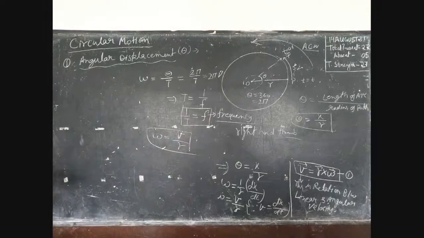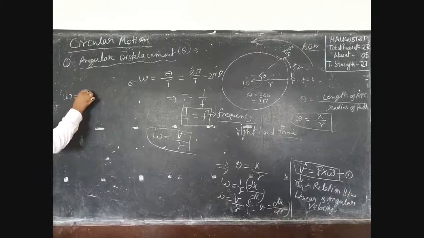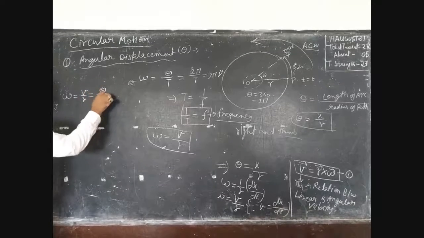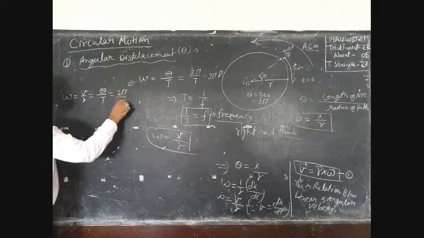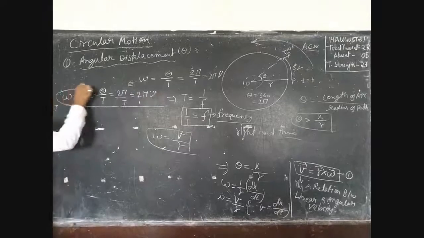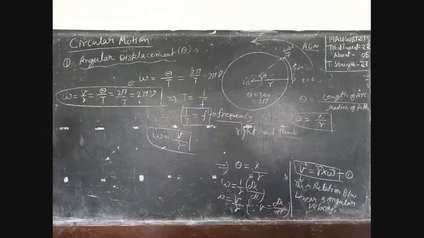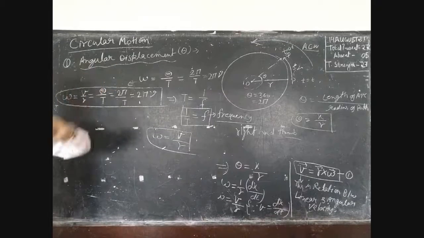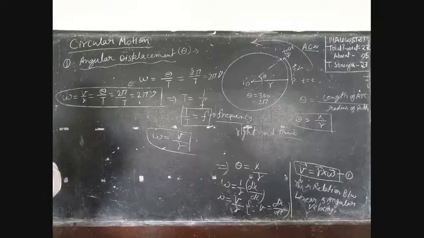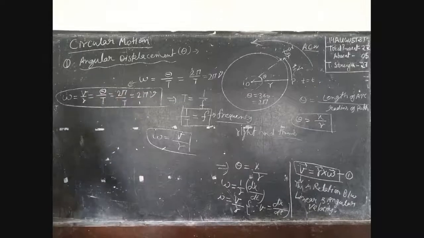Now we have the complete idea: omega is v upon r, theta upon t, 2 pi upon t, which is equal to 2 pi nu. Okay, so for numericals based on the angular concept, basically angular velocity, you need to remember all these things to calculate your numerical.